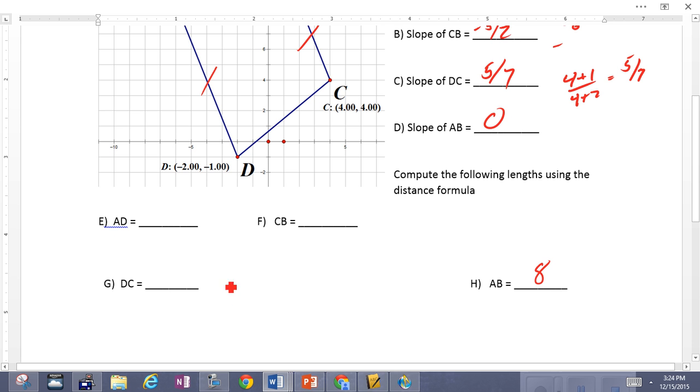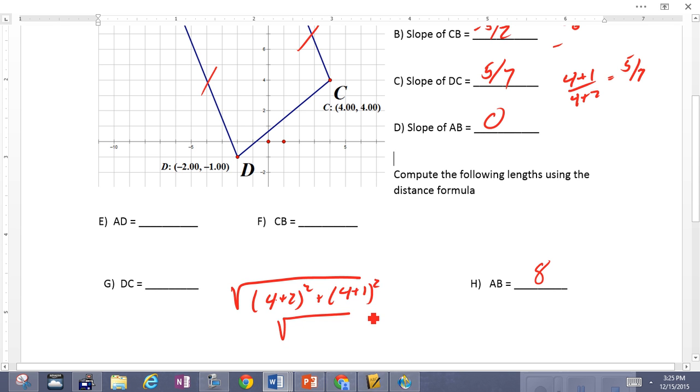So my distance for DC is going to be 4 minus a negative 2, so it's 4 plus 2, the quantity squared, plus the y's, 4 plus 1, quantity squared.